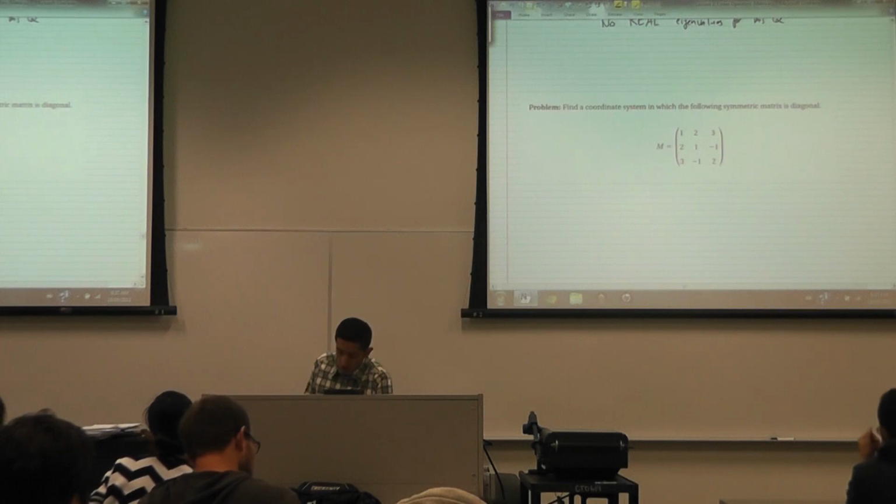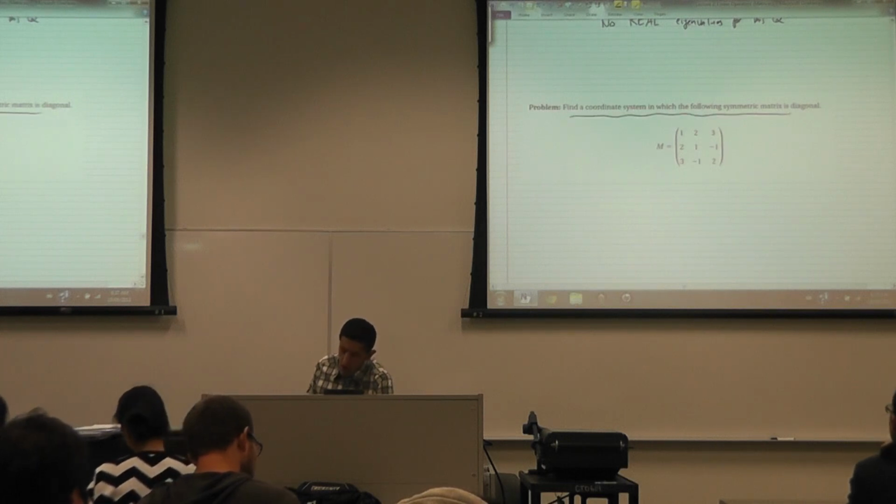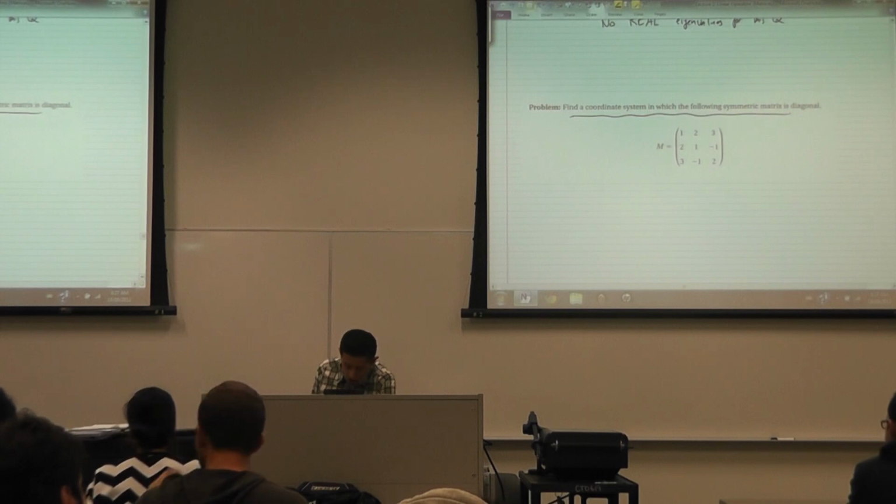So numerically, how would you do any of that? Find the coordinate system in which the following symmetric matrix is diagonal.